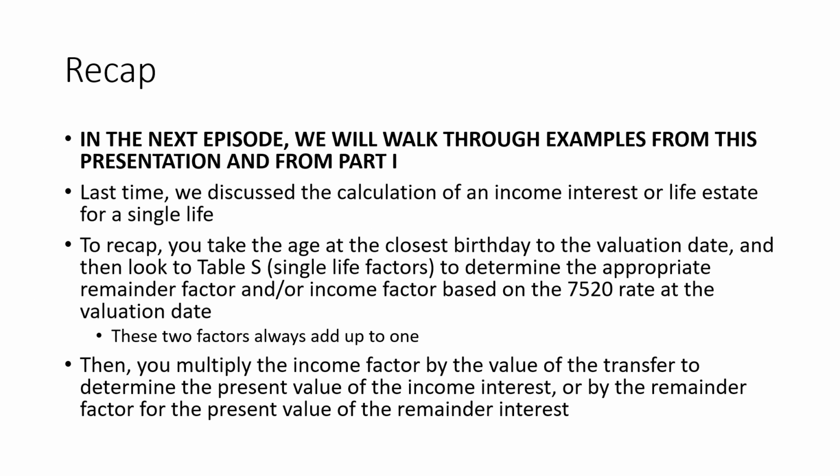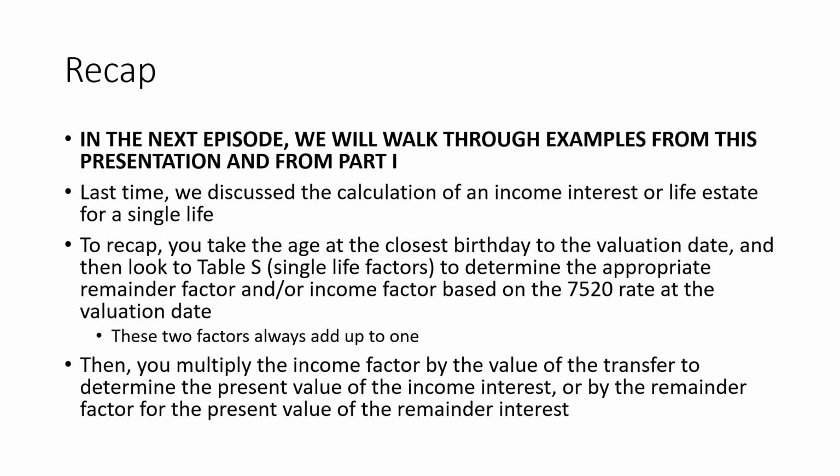Now, last time we talked about, as I mentioned, valuing an income interest that's retained for life or for a term of years, and that could even be a use interest in non-income producing property. And as you recall, what we did is we looked to Table S or Table B based on the 7520 rate and the age of the person who held the interest, and from there we were able to glean the appropriate remainder factor and/or income factor.